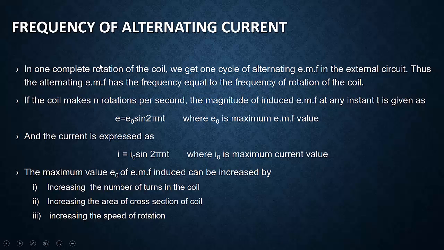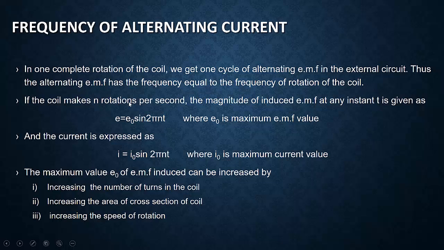In one complete rotation of the coil, we get one cycle of alternating EMF in the external circuit. Thus, the alternating EMF has a frequency equal to the frequency of rotation of the coil.